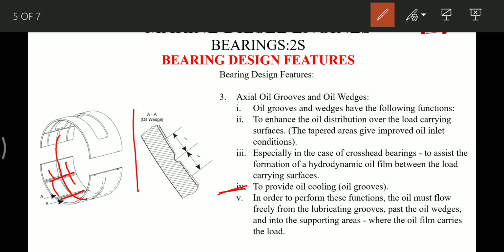You can see from the cross section also. Mostly I'll tell you in upcoming videos where we will see the clearances. In that I'll tell you the importance of L and 2L, the distance 2L, and when the bearing needs to be replaced, for what value of L the bearing needs to be replaced.